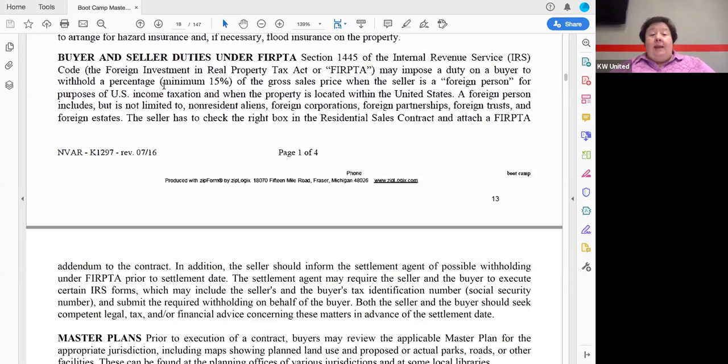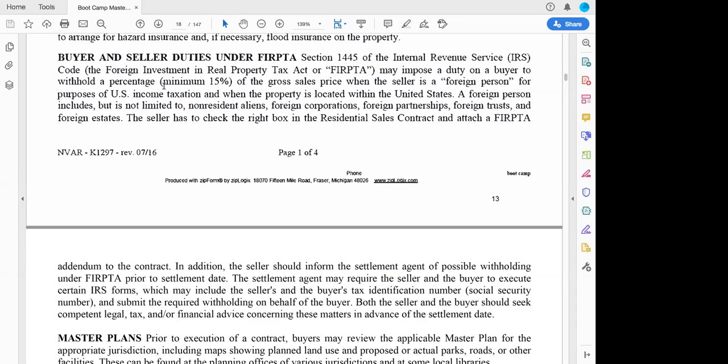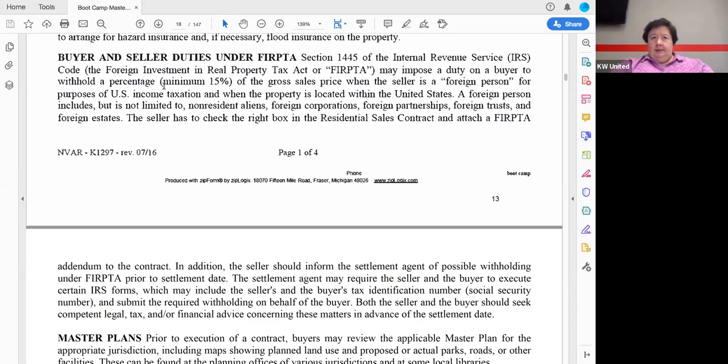Because they made this the responsibility of the buyer, I, as a buyer's agent, am proactive. Ask the listing agent, is your client a foreign person? I had one instance where they said, oh, it's an American. I'm like, okay. But then the seller told them, no, I am a foreign investor.